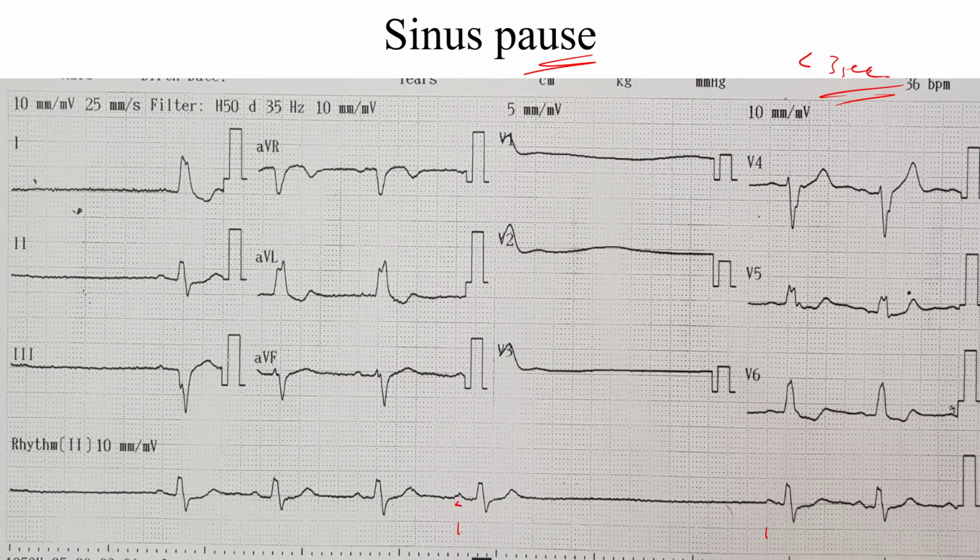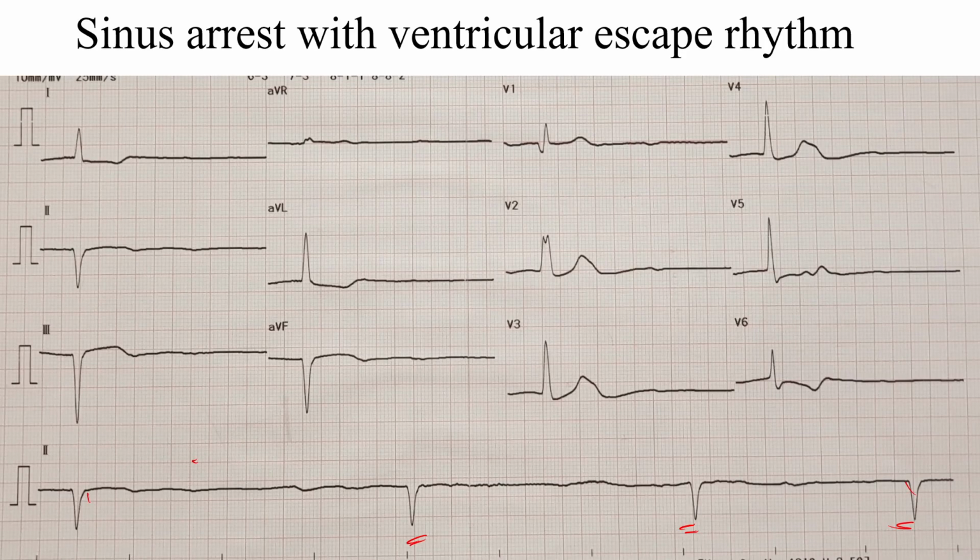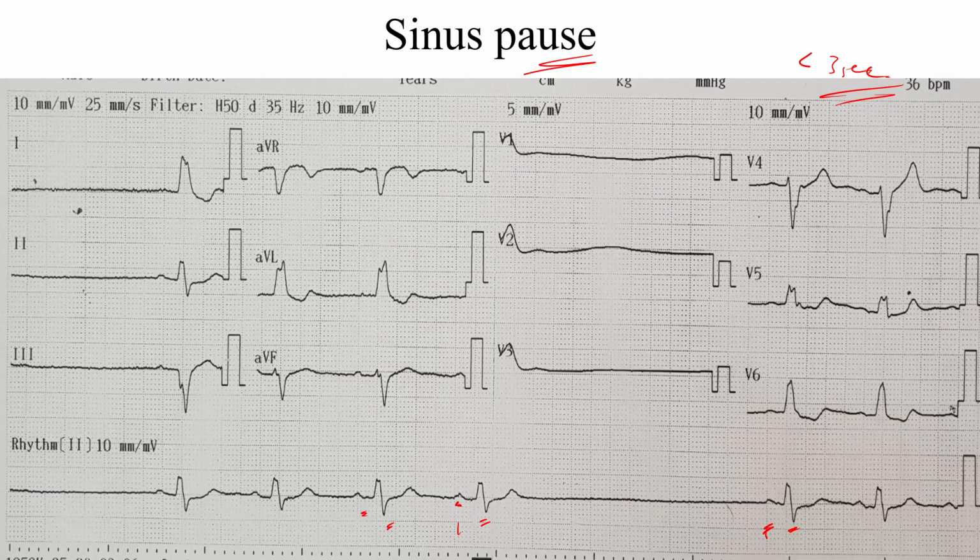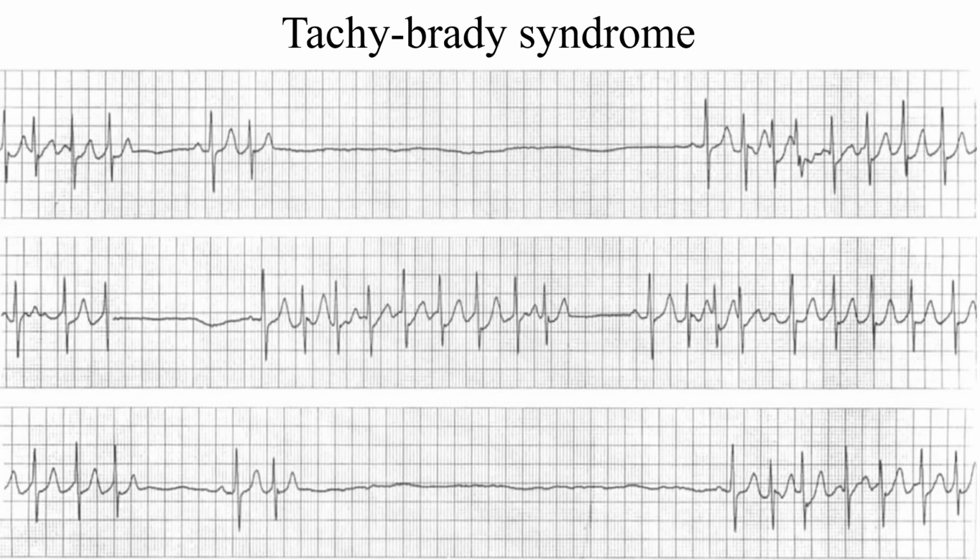This is sinus P wave and then QRS, and then QRS, and then it comes back to sinus and QRS, which is different than the other ECG, which has no P waves, has an escape rhythm, and is more than 3 seconds long. This is the difference between sinus pause, sinus arrest, and exit block. And this is the tachybrady syndrome.